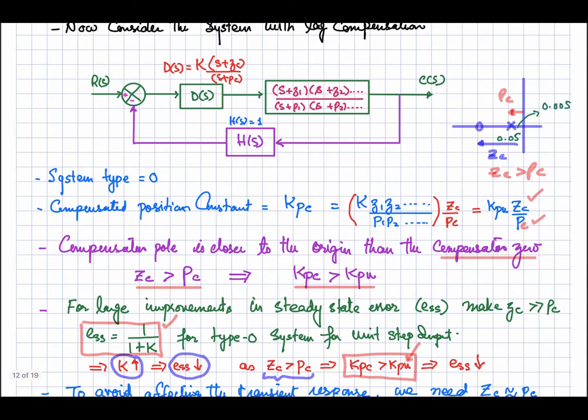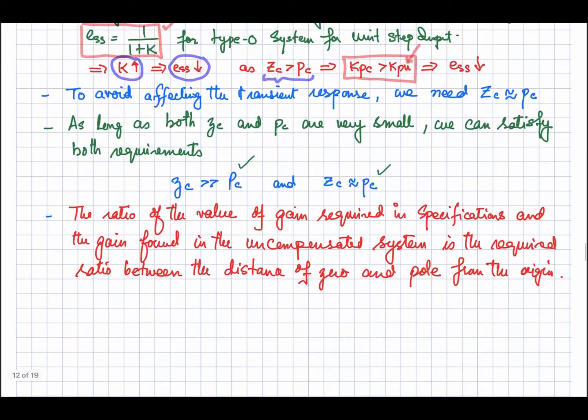If I say the other pole is, let's suppose, at s equal to -5, then with respect to that they are very small. So they are nearly equal, and zc is large as compared to pc, so in that case your transient response will not be affected, only the steady state error will be compensated.